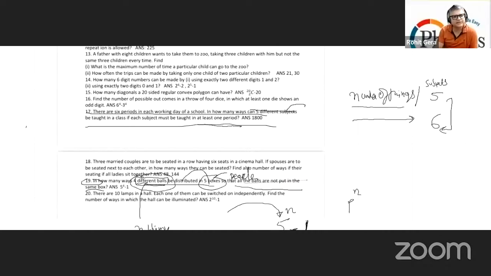There are 6 periods. Okay, each subject must be taught in at least one period. Each subject has to be taught at least in one period. There are 6.